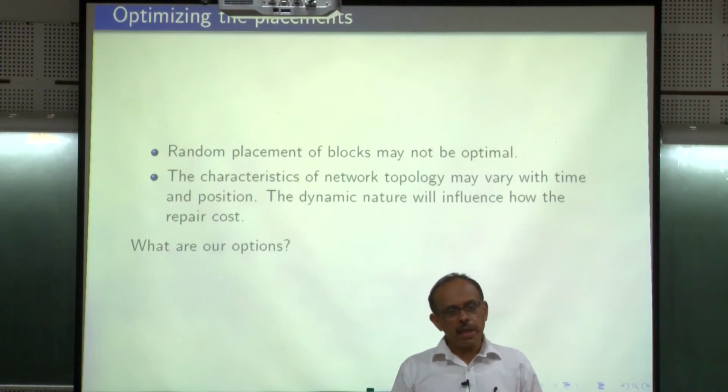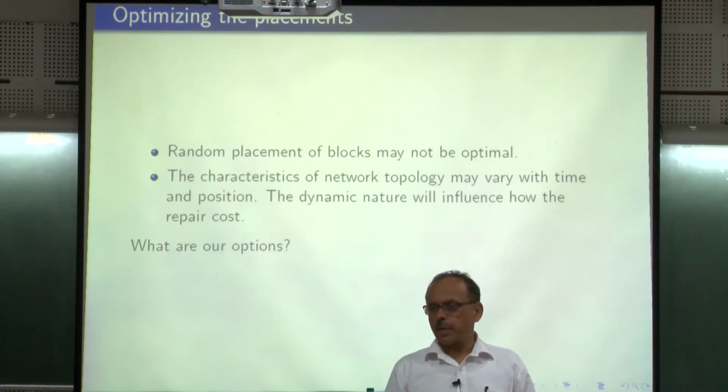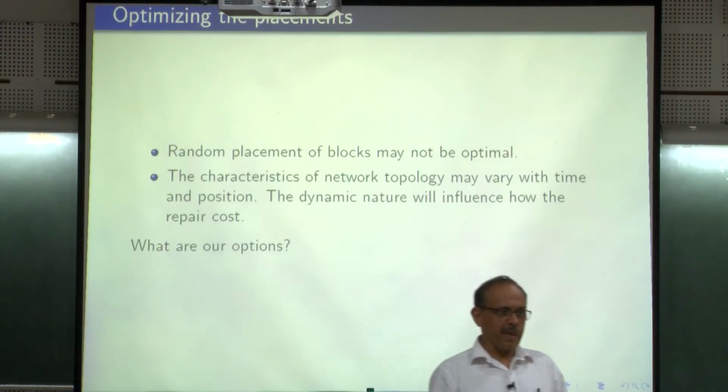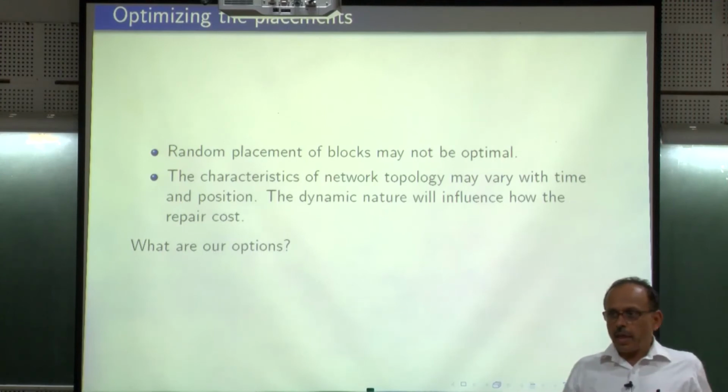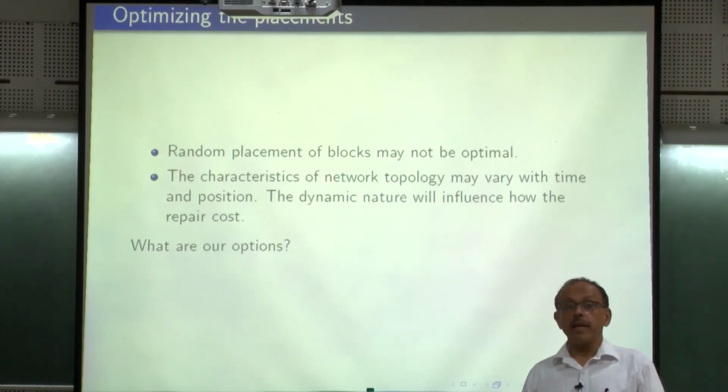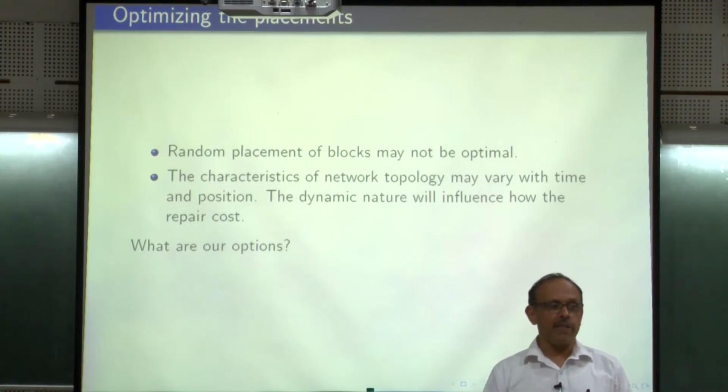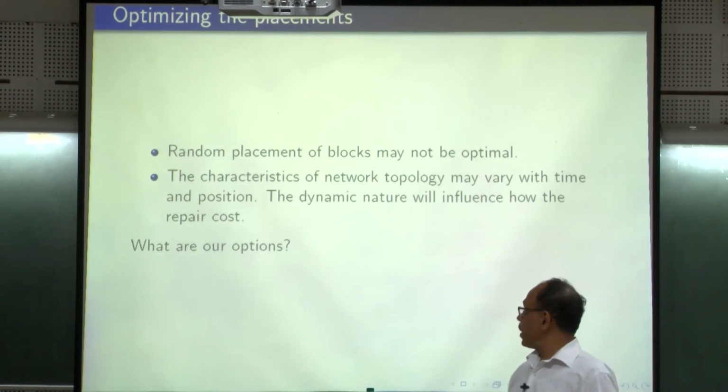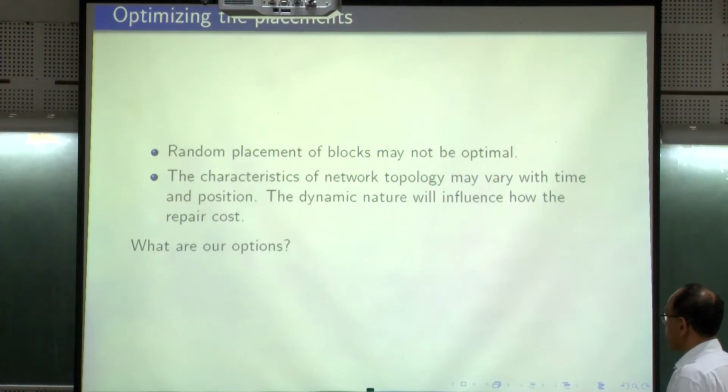In some other applications, topology can be manageable, but when you run the same thing at scale, and you increase the number of nodes to 400 or 500 for a big job, then topology can be complex as well. The topology varies with time and position, and this dynamic nature will influence the repair cost.